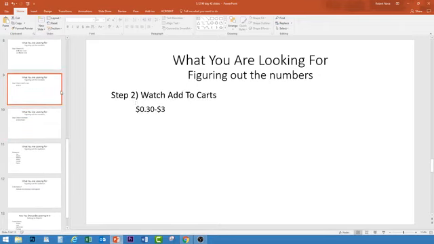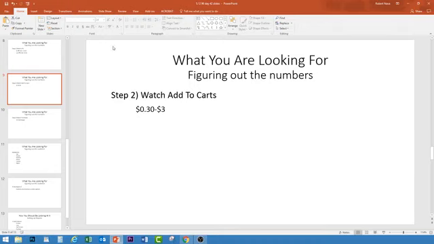Spending jumped ahead. So step one was to look at your clicks, your click costs, make sure you're not spending too much there. Once you start getting some add to carts, right? Following Chris's method, first you get a bunch of view contents, then you get a bunch of add to carts, and then you switch the conversions that you're going for.